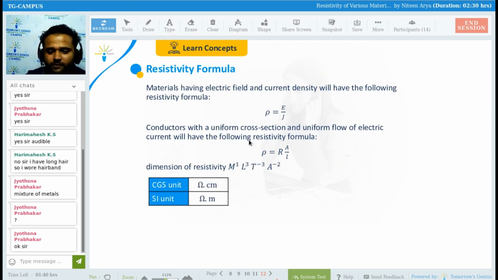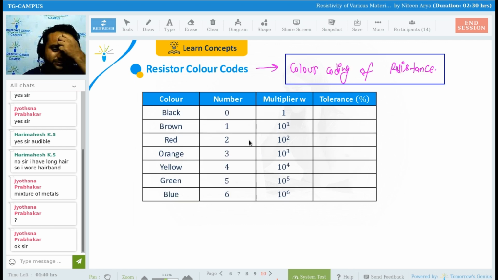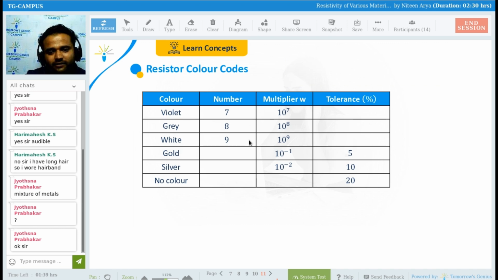Now coming back to the topic, just taking two steps back. How can you remember?